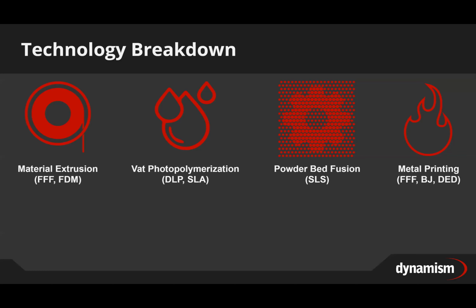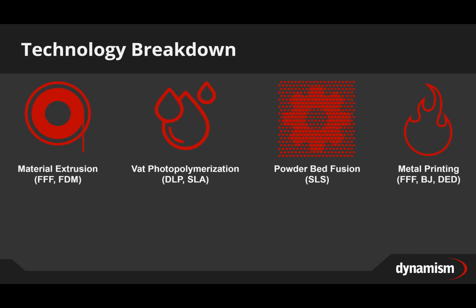A little bit on the technology. These are 4, well, actually 3 processes, and then there's metal printing. These are 4 of the commonly used ones. You have material extrusion, which is basically heating a strand of thermoplastic or composite material. Then photopolymerization, where a light source is used to project into a photocurable resin layer by layer.